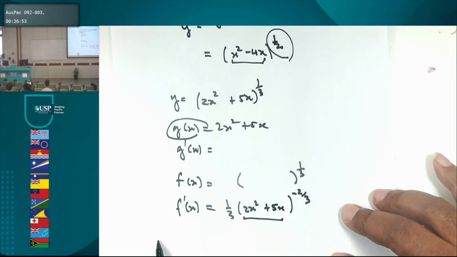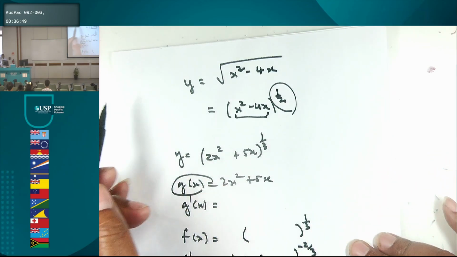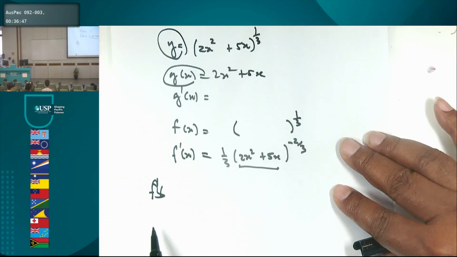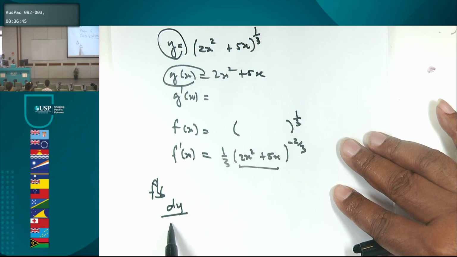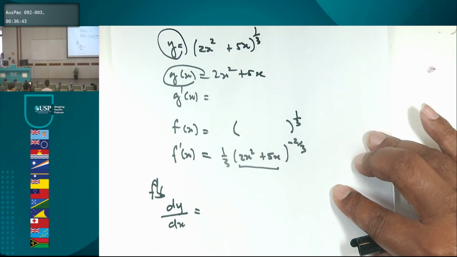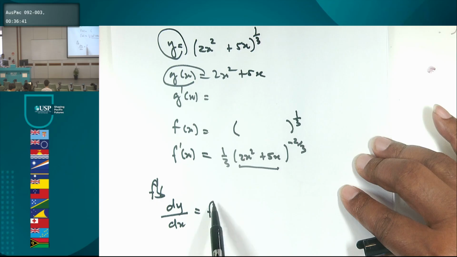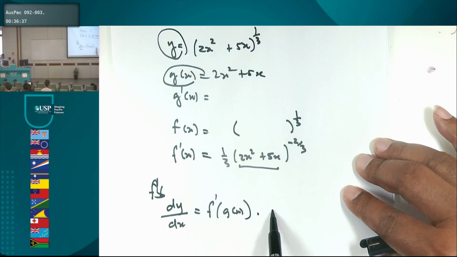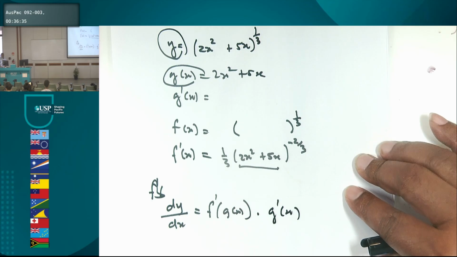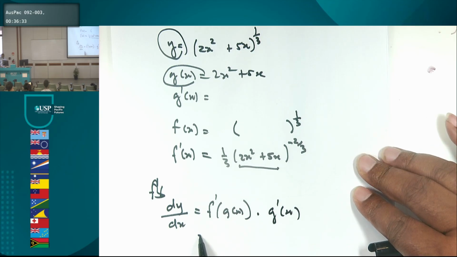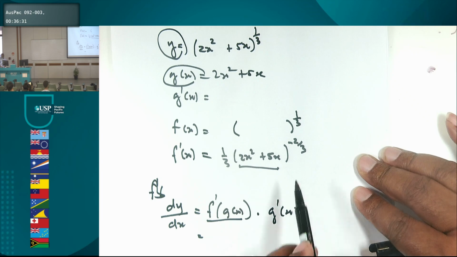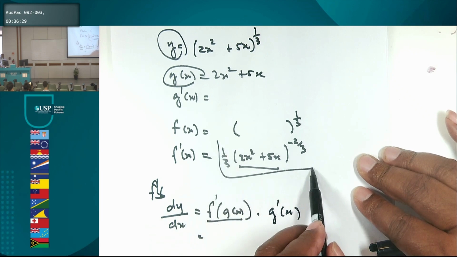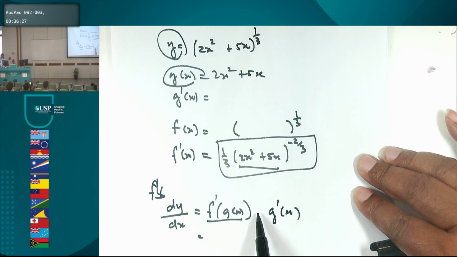and then, because we have y, we'll have dy over dx is equal to f dash g x times g dash x. So what's f dash g x? Multiplied by g dash.